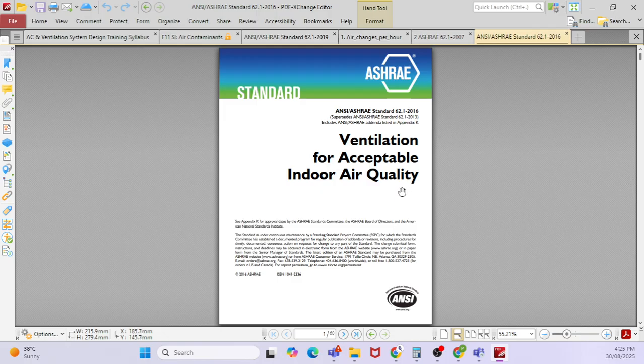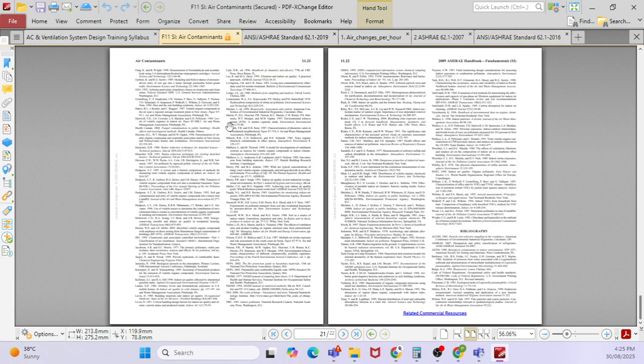So what is acceptable indoor air quality? It is to remove this contamination, correct? You have a lot of contamination inside the space, depending upon the application. If you see a home, you have less contamination, but if you go to an office area, you have much more contamination because there are a lot of people. But if you go to a barber shop, a bar, or chemical factories, you have a different contamination.